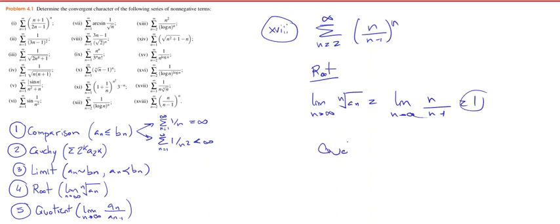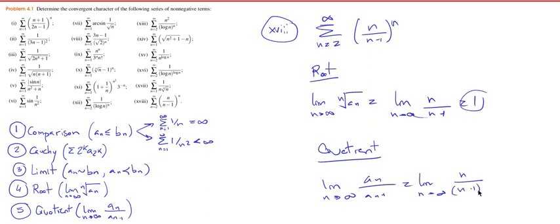If you use the quotient test, you have the limit when n goes to infinity of a sub n divided by a sub n minus 1. What you have is the limit of n over n minus 1 to the n, divided by n minus 1 over n minus 2 to the n minus 1.